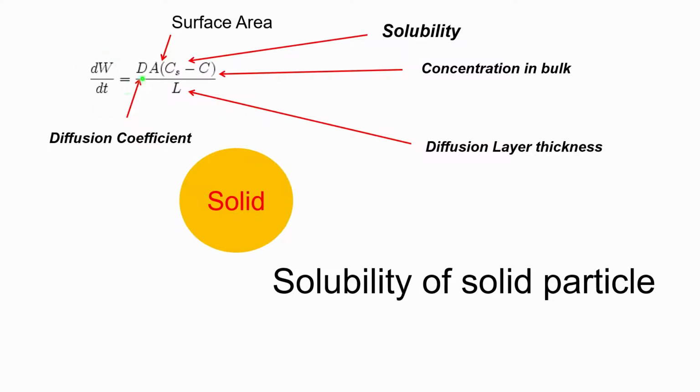Rate of dissolving is proportional to diffusion coefficient of your drug in water. Larger molecules will do it slower. Proportional to surface area of your solid. Proportional to solubility of your solid.